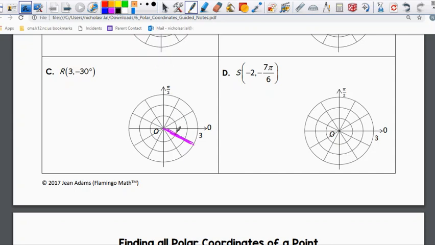So we move 1, 2, 3. This point right here is point R. So we rotate -30 degrees and then move 3 units forward.